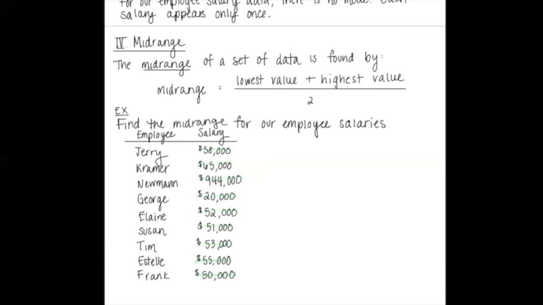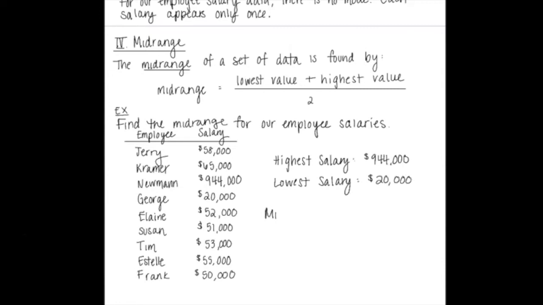So I want to take the highest piece of information plus the lowest piece and divide by 2. So here, the highest salary is, of course, Newman's, which is $944,000. The lowest salary is poor George, who's getting the short end of the stick. He's only making $20K.